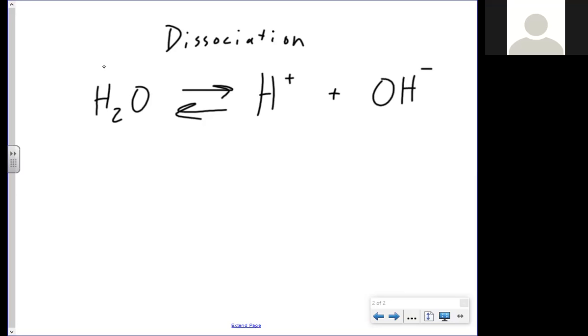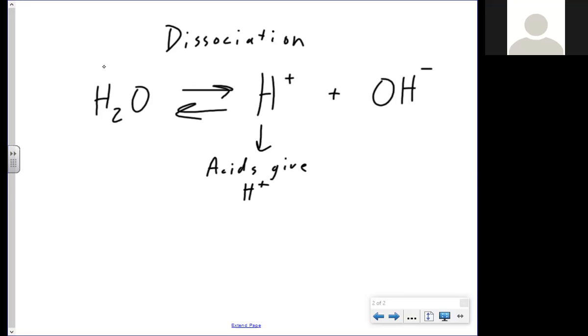Now, what did we say about water yesterday when it came to pH? Is water an acid or a base? It's perfectly in the middle. And the reason it's perfectly in the middle is because to be an acid, you're going to make more hydrogens. Acids give you hydrogens. That's why they corrode things, because that's why they break things apart.